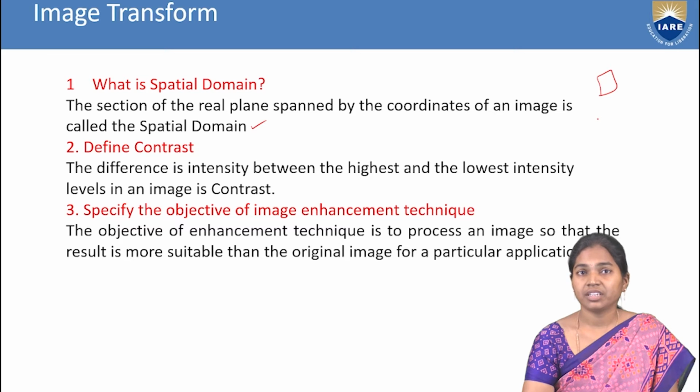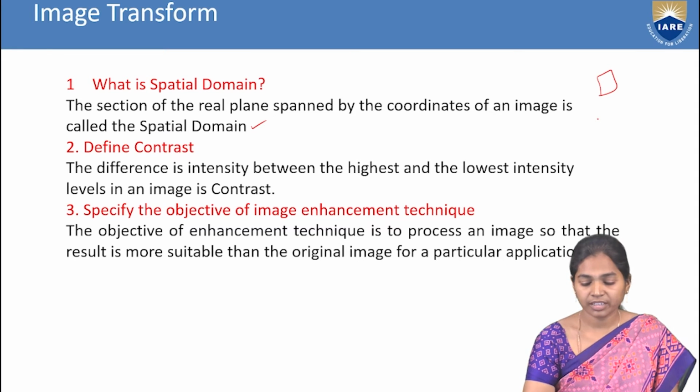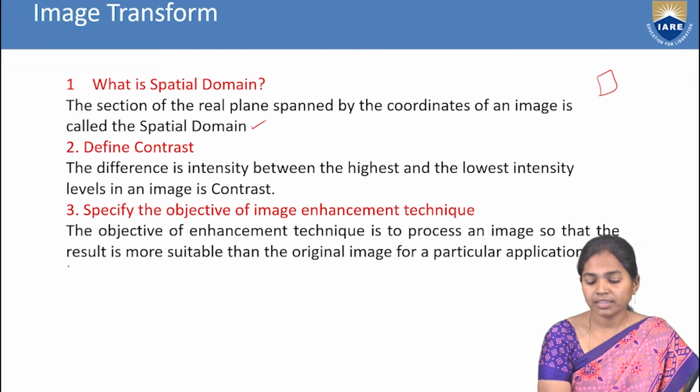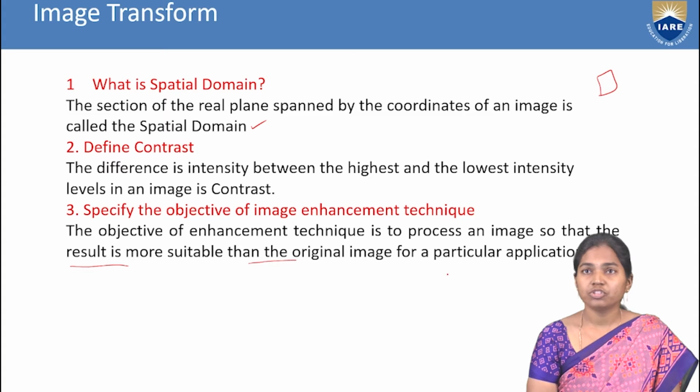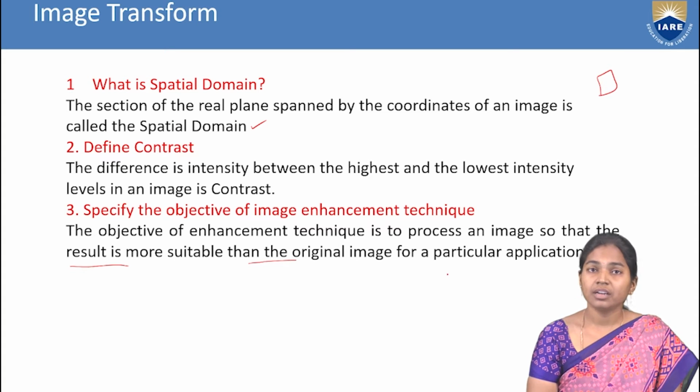In this image enhancement, we apply the enhancement technique on a particular image. The resultant image is more suitable for a specific application, better than the original image. So image enhancement is the process of processing an image so that the result is more suitable than the original image for a particular application.